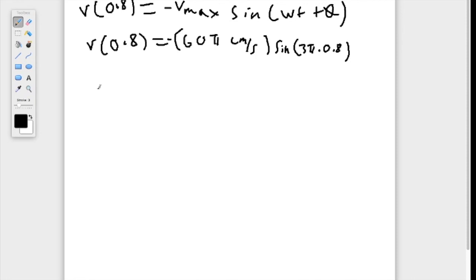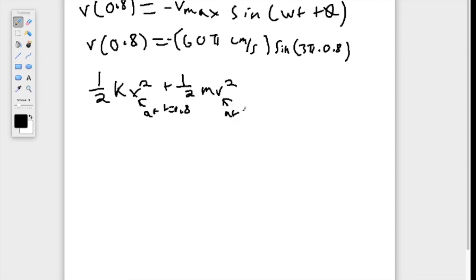or you can solve it using conservation of energy. You can use 1/2 k x squared at t equals 0.8, plus 1/2 m v squared at t equals 0.8, and then you can use the max potential energy or the max kinetic energy. It's up to you, but I'm going to use the max potential.